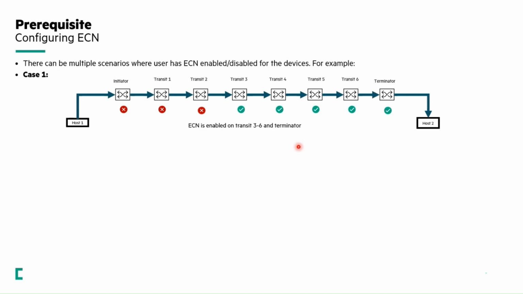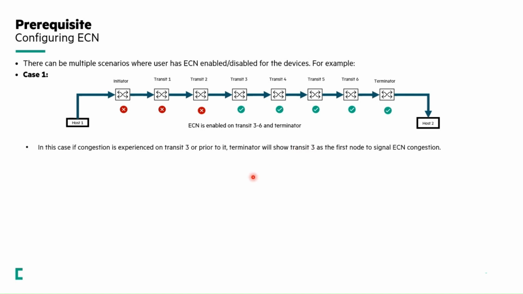So in this case, will you be able to see the congestion on your terminator or not? First, if the congestion is experienced on transit 3 or prior to it, the terminator will only show transit 3 as the first node to signal ECN congestion. Now, if for some reason the initiator, transit 1 or transit 2 are congested, the terminator won't show this information because ECN is off for those particular switches.